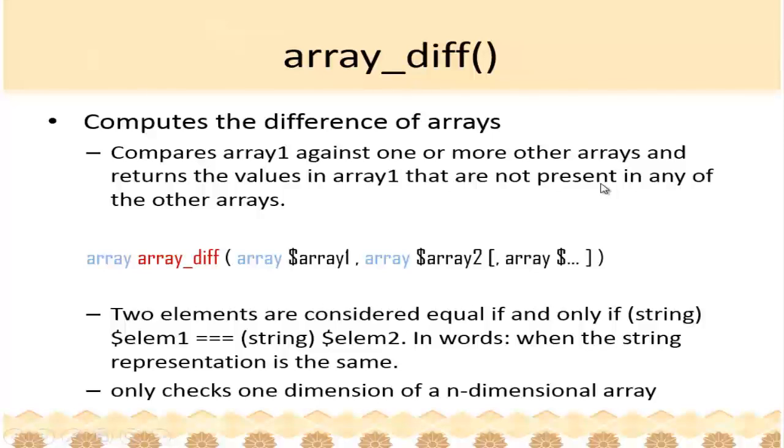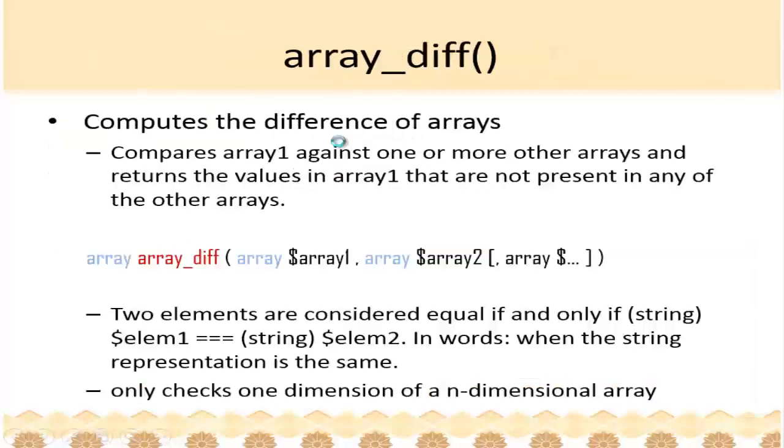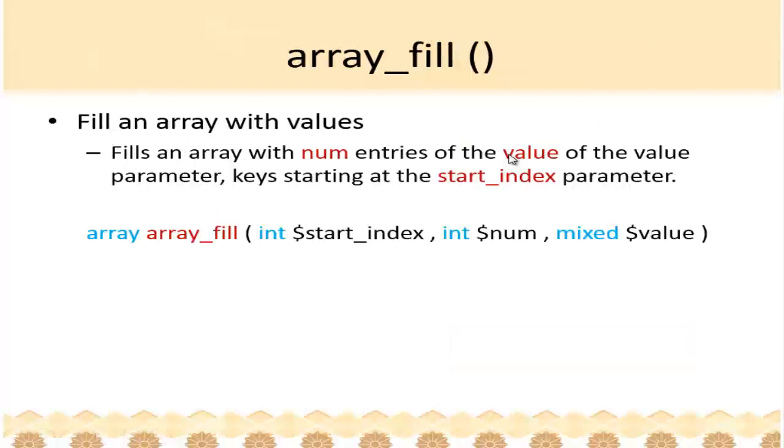So elements in array 1 which are not there in the other arrays. In this example, blue is there in array 1 which is not there in the other array. You can compare it with many other arrays and then get the answer.